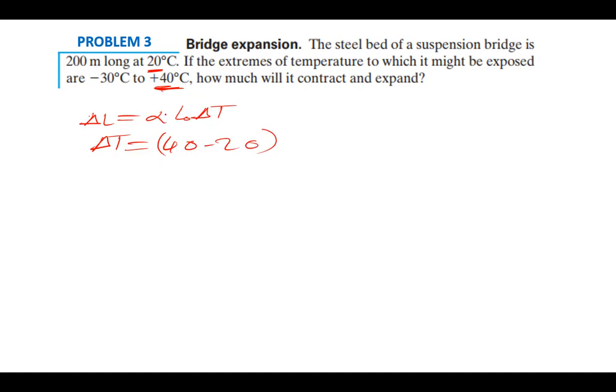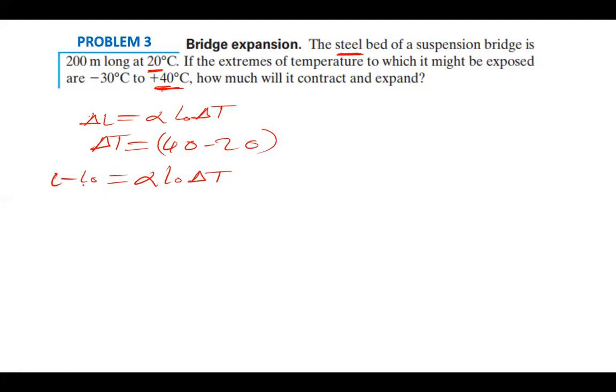Then alpha, you get it from the table. We've been told the bridge is made of steel, so you go to the table and get the value of alpha. L naught has also been given. So the change in L is L minus L naught, and this is equal to alpha L naught times the change in T. Here it's just a matter of replacing the values.